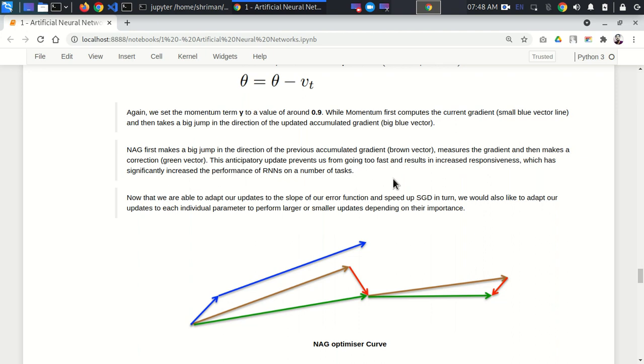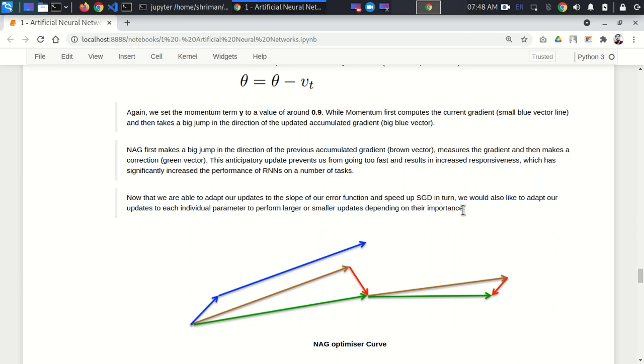So see, again, people have introduced lots of different things, and those things have been termed NAG optimizers. Here we are able to adapt our updates to the slope of our error function and speed up in turn. We would also like to adapt our update to each individual parameter.